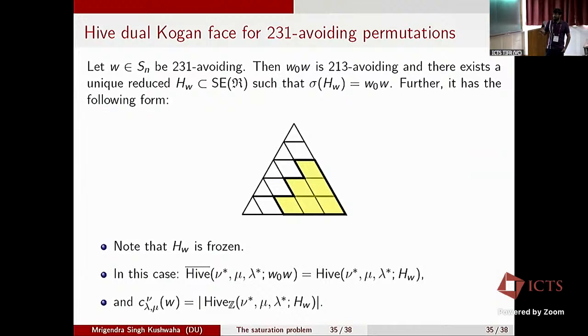Note that this HW is also frozen. In this case also, this hive of nu star, mu, lambda star, W naught W is just one face, and the integral point in this face is equal to the LR coefficient, as we noticed before. This is another model for the refined LR coefficient in terms of dual Kogan faces.